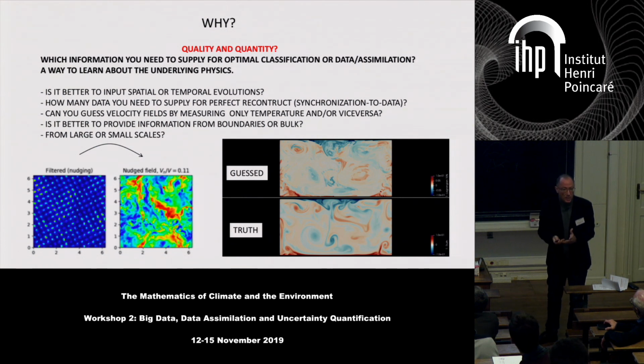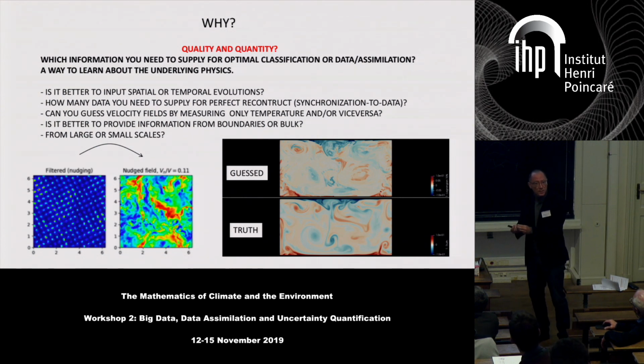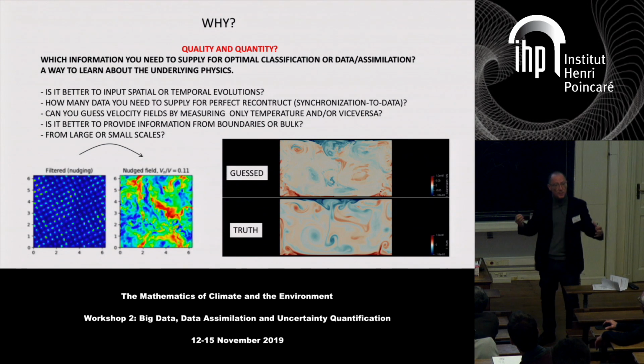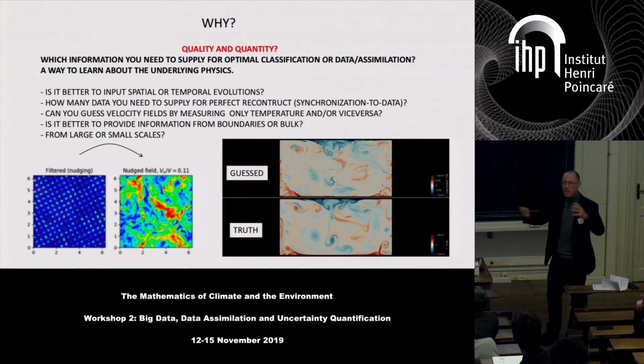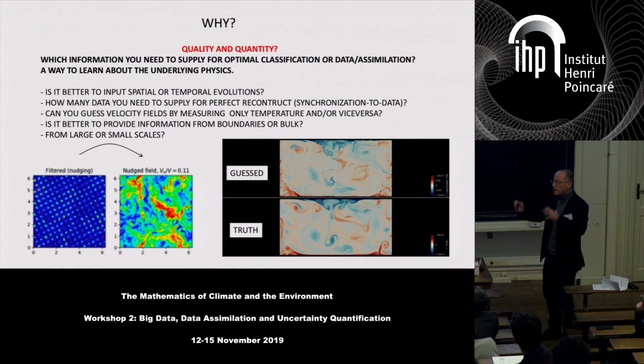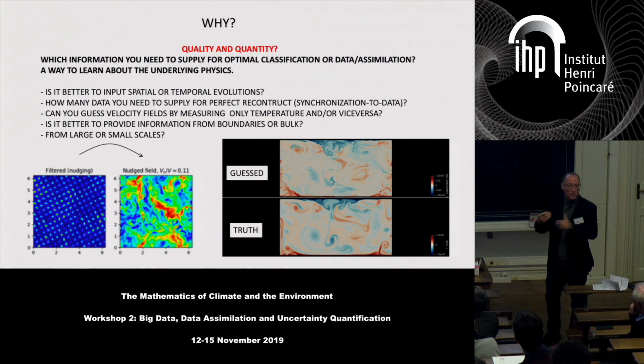Which information? Is it better to measure where vorticity is intense, where the shear is intense, or maybe where we have a very strong acceleration? Can we start to have a classification of the quality and quantity of the information inside a turbulent flow to understand what is driving, what is the head and what is the tail in our dog?